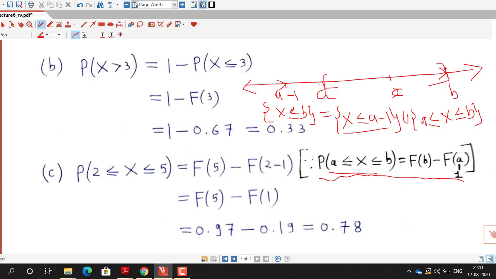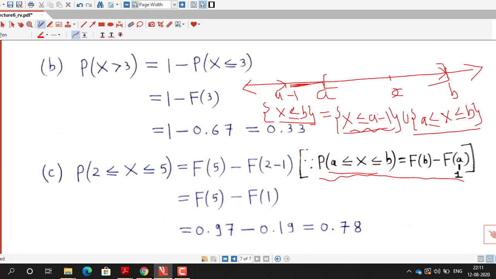Okay, there is no value which x assumes between these two integers. So x is less than or equal to a minus 1 union x is in between a and b including a and b. So the probability that capital X is less than or equal to b is the addition of these two probabilities, and therefore the probability of this event is nothing but F of b minus F of a minus 1.